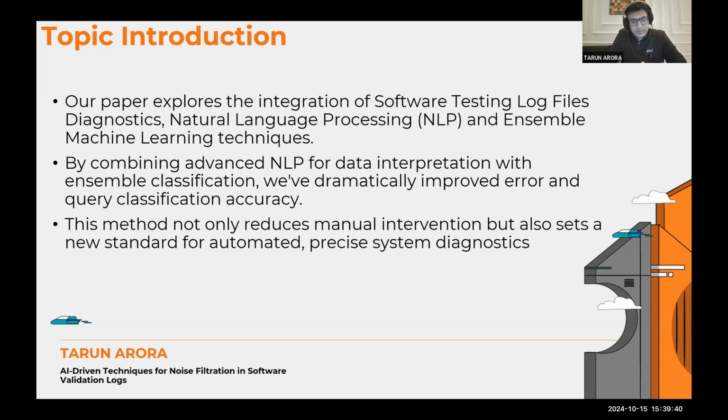The benefit is that this method of introducing machine learning and AI does not just reduce the manual interventions where humans are trying to do the classification of the logs, but it also sets a new standard of having automated, precise diagnostic systems.